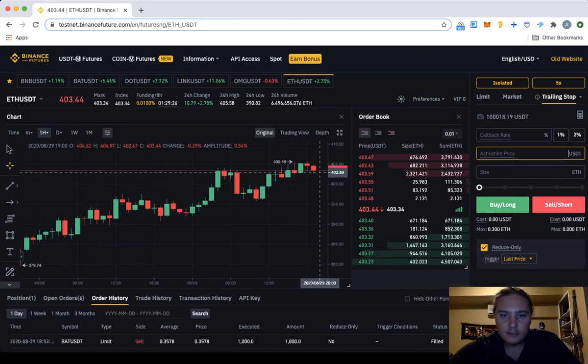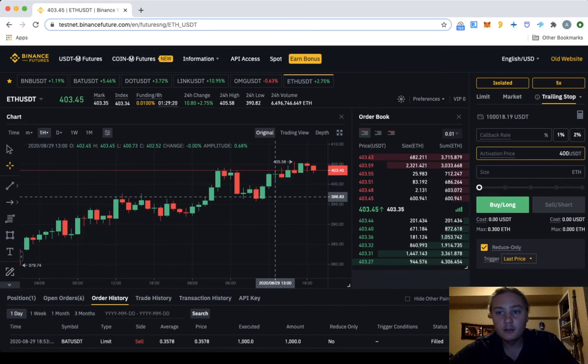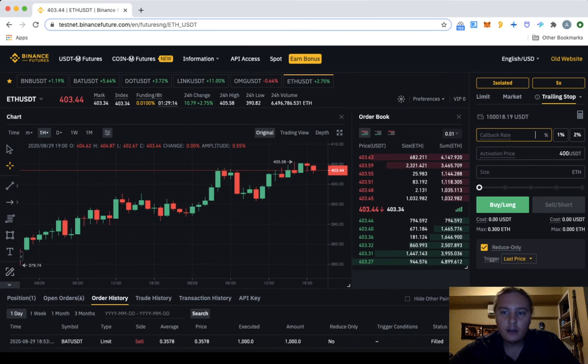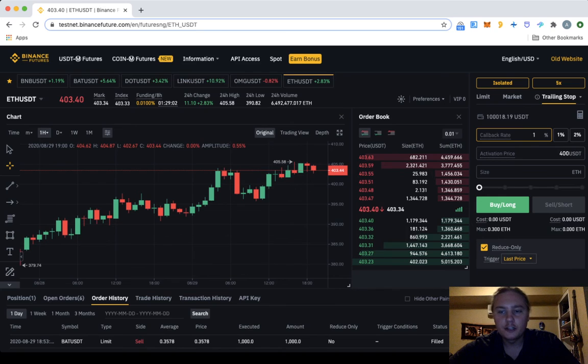But we'll say we're sticking to a short position, and I think it's coming back down to 400. So I set it at 400, this is going to become a live market order, but it's not going to fill at this price. You also have this callback rate feature, and the idea behind this is I don't want to limit my gains, but I also want to cut my losses. So with the callback feature, you set a percentage at where you want this to trigger.